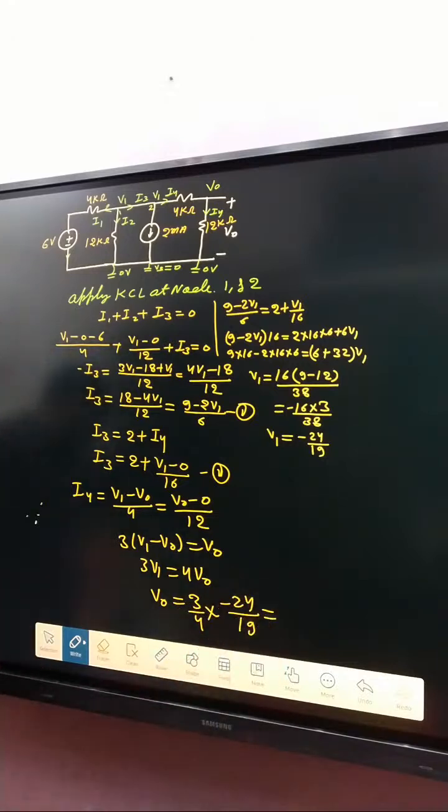Then what about that value? With the help of a calculator, you can do it. That is 3 into 24, which is 72. 72 divided by 4 is 18, divided by 19.